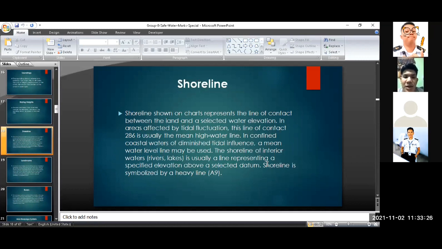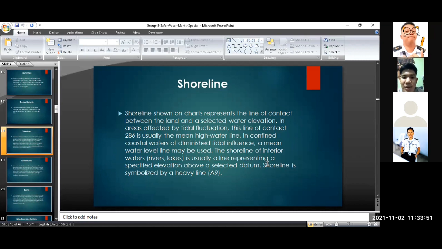Shoreline. The shoreline shown on charts represents the line of contact between the land and a selected water elevation. In areas affected by tidal fluctuations, this line of contact is usually the mean high water line. In confined coastal waters with little tidal influence, a mean water level line may be used.